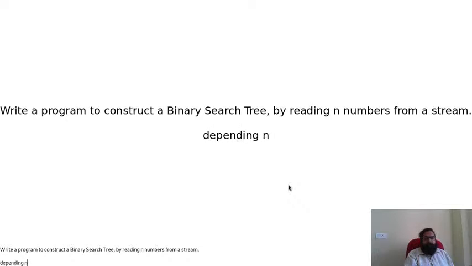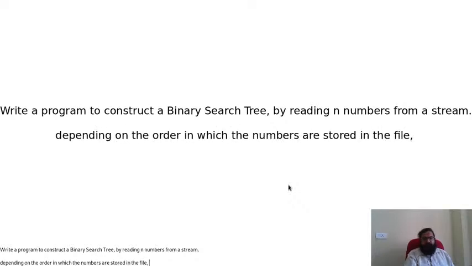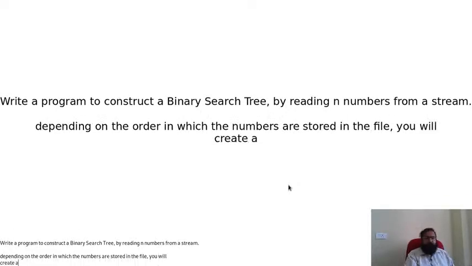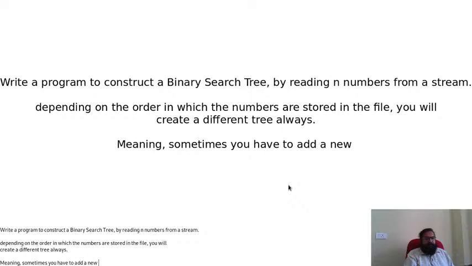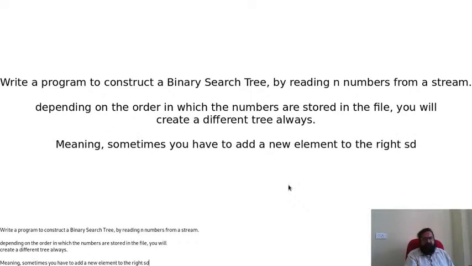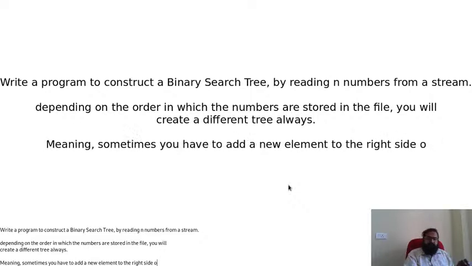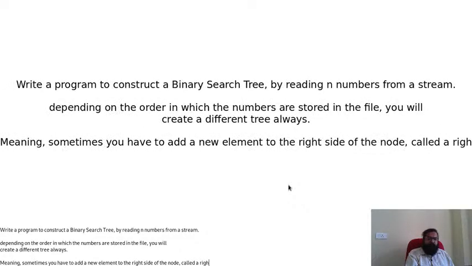Depending on the order in which the numbers are stored in the file, you will always create a different tree, meaning sometimes you have to add a new element to the right side of the node, called a right child.